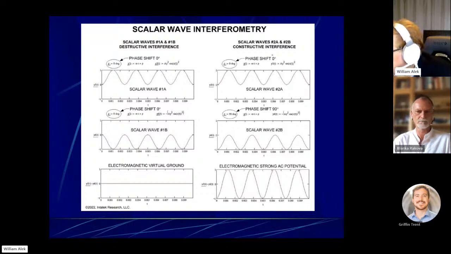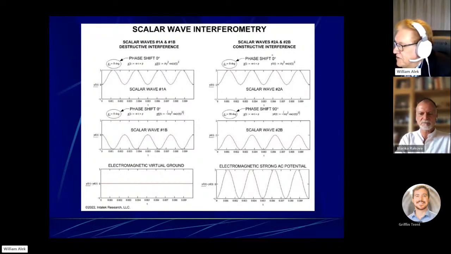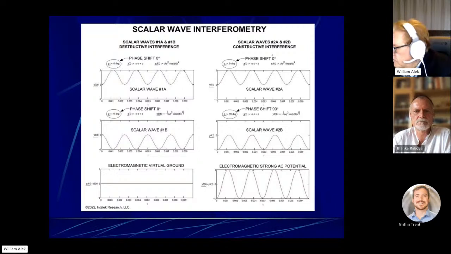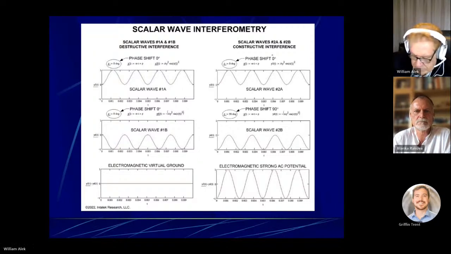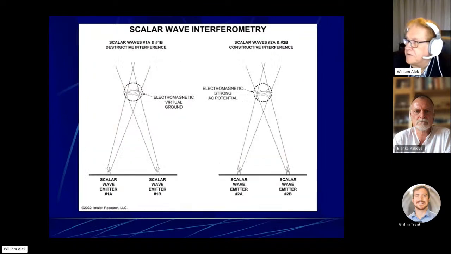It says you can create a strong AC potential, okay? Right there in space. So you can short out anything, okay? Anything that's there. You can short it right out. Because in that region of space is creating a strong electromagnetic AC potential. Wow. So this is what Tom was speaking about in the conference, okay?